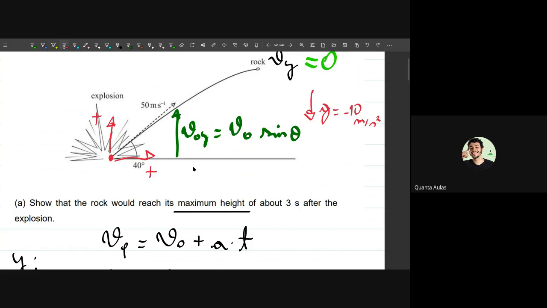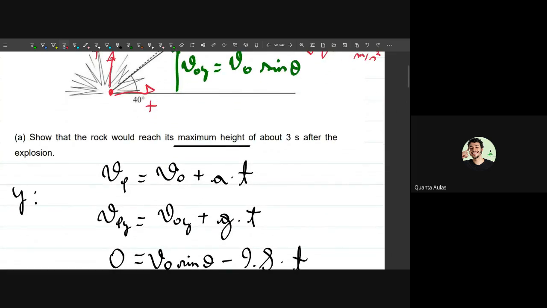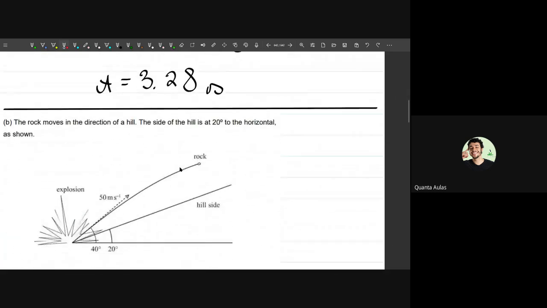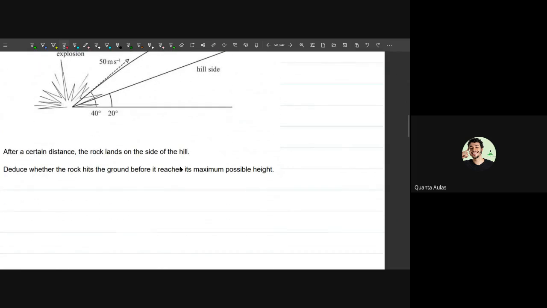We can decompose the velocity here into X and Y values, because I suppose it will be important to use the X velocity too. For the X position, we have this equation.